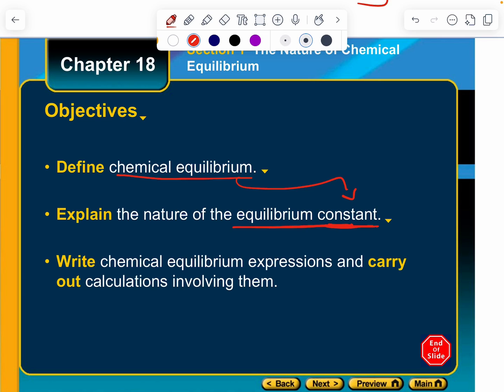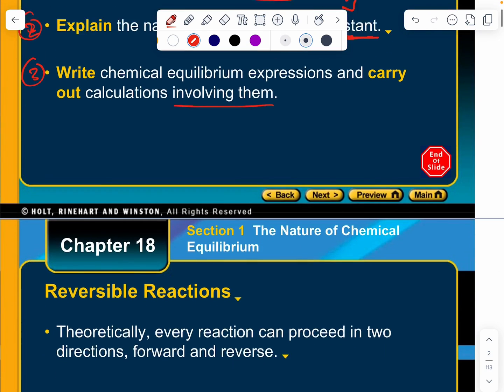After that, we're going to learn, inshallah, writing the chemical equilibrium expressions and carrying out calculations involving them. Three things we're going to learn today.